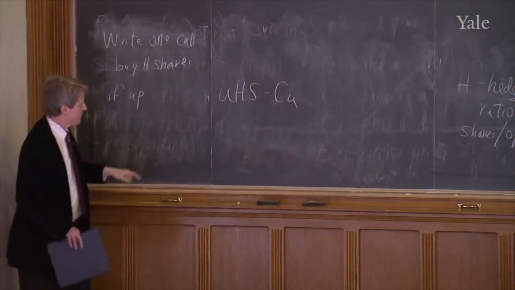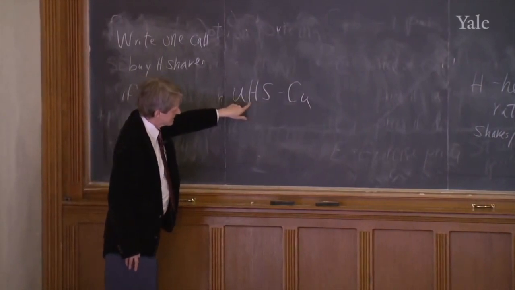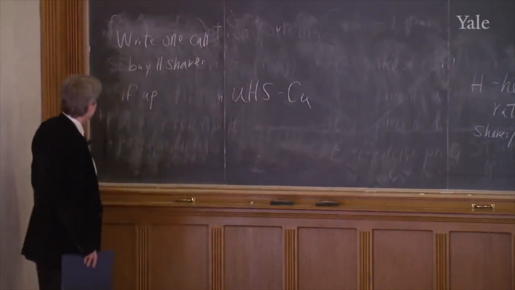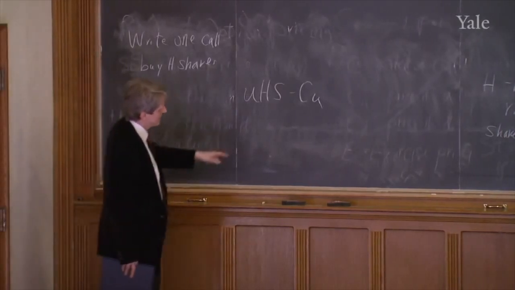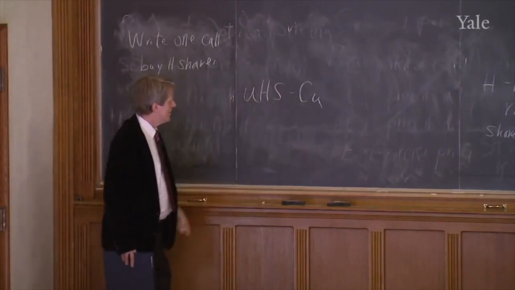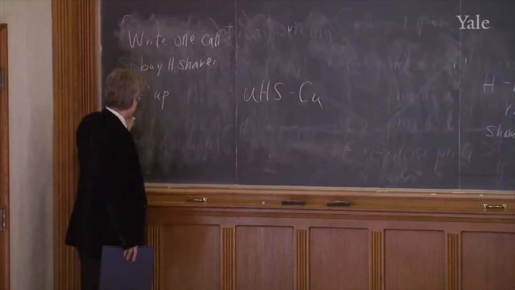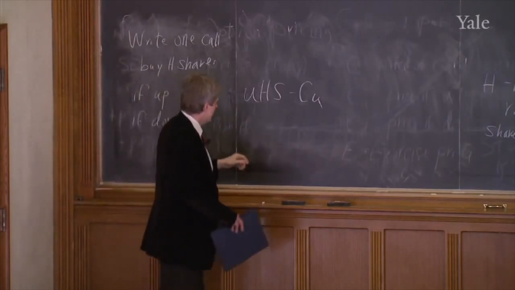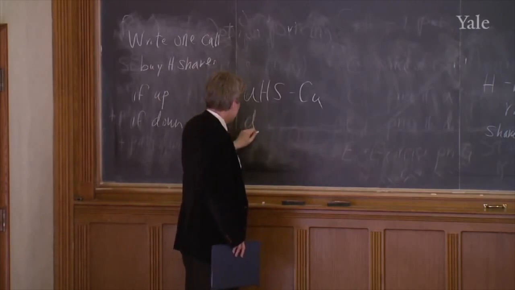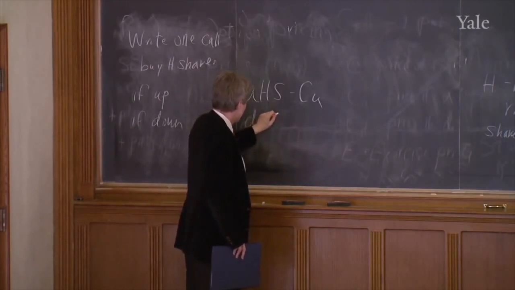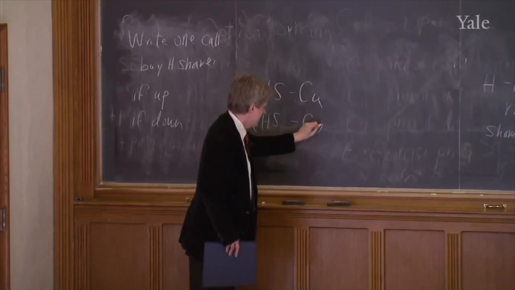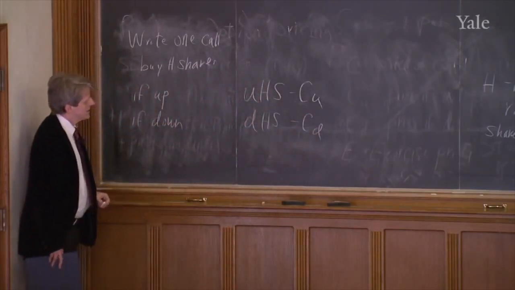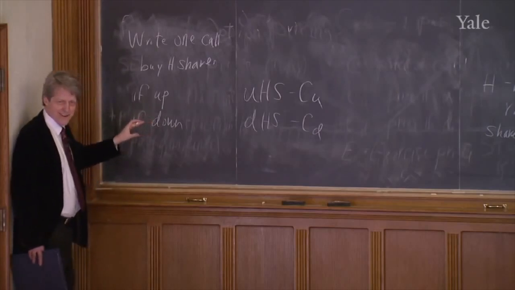Because the share price goes from S to US, and I've got H shares, and I've written a call, so I have to pay C_U. If it's down, then my portfolio is DHS minus C_D. Okay? This is simple enough?